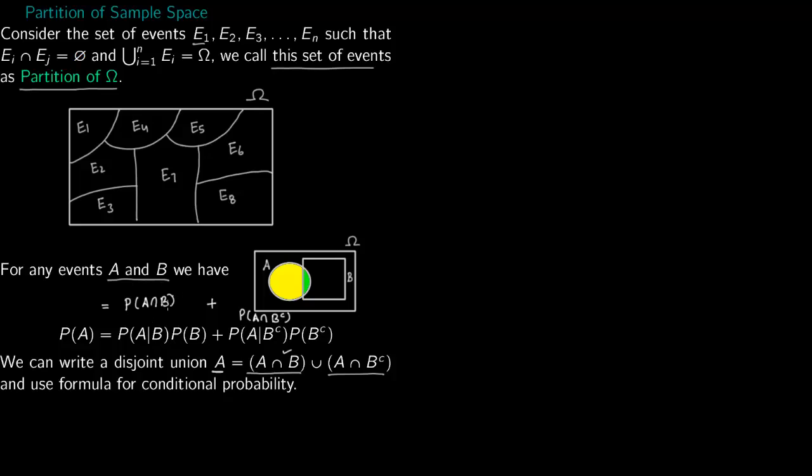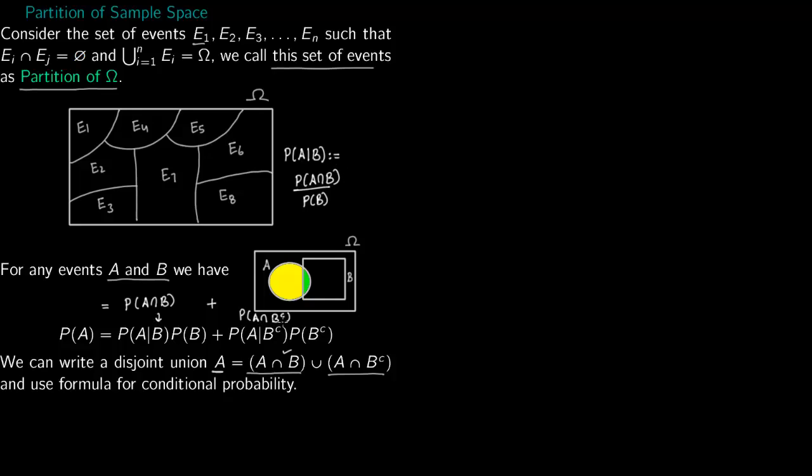And then we use the conditional probability formula. You write probability of A intersection B as probability of A given B times probability of B. Recall that probability of A given B was defined as probability of A intersection B over probability of B. So now for A intersection B, we are writing this.